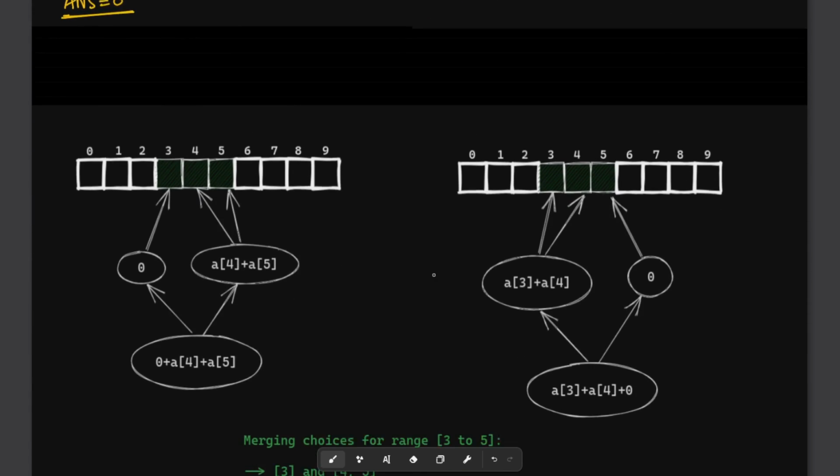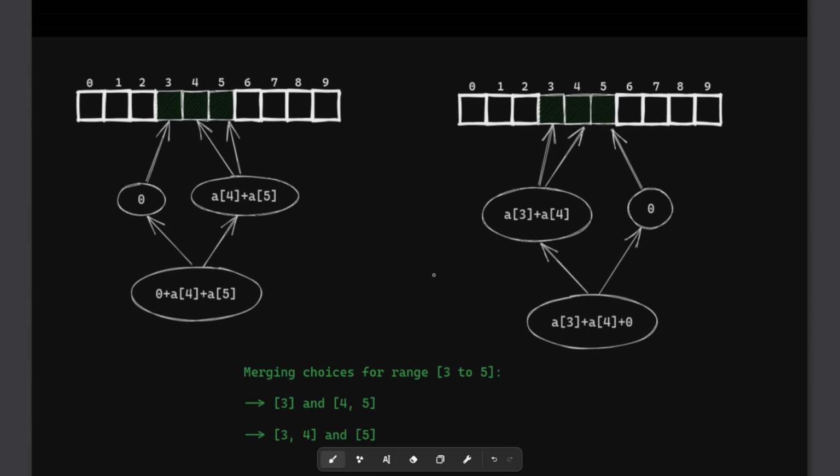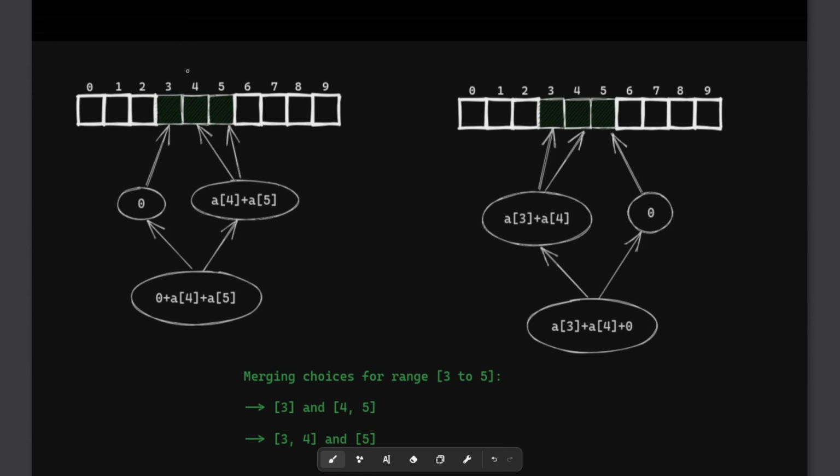Now let's look at when we want to merge three of them. So the first choice is to keep 3 as it is, and first merge 4 and 5.